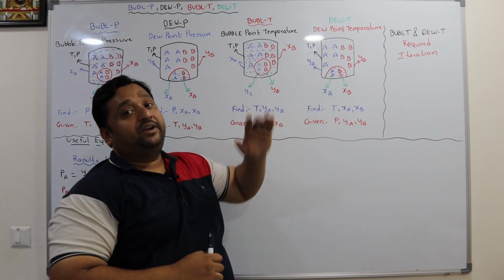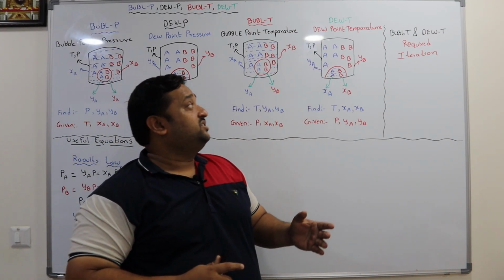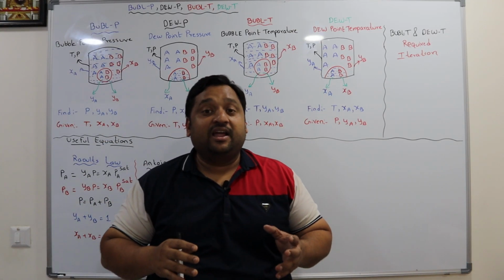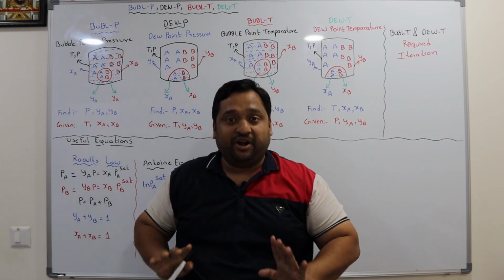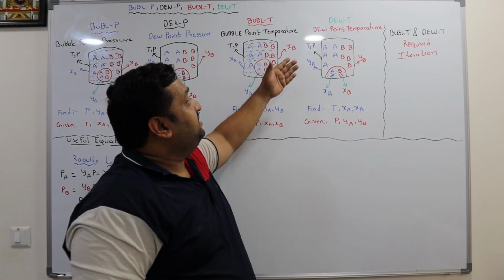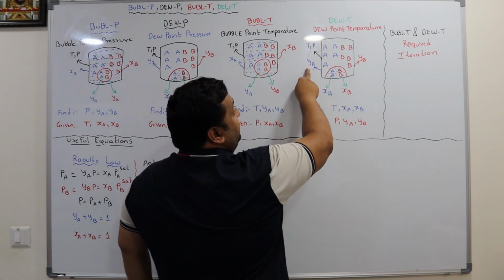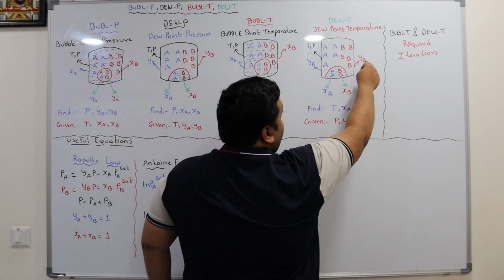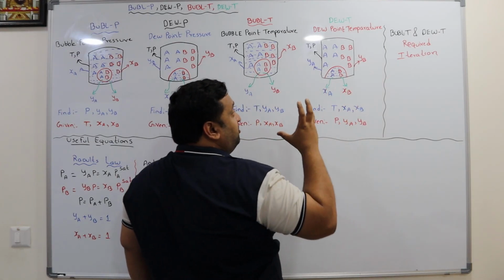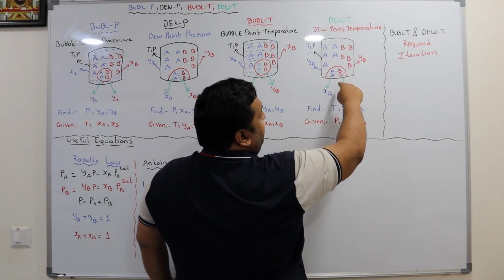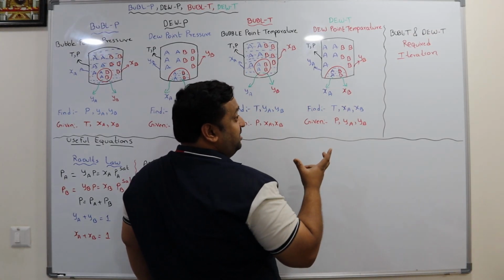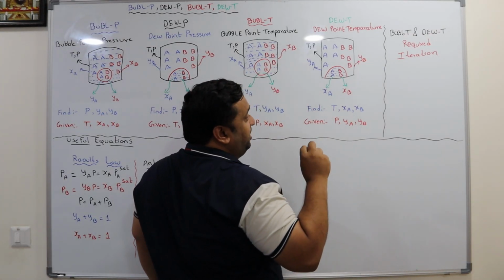So next is dew point temperature. That means you have to find out the temperature at which the first droplet is going to form. Initially there will be a vapor consisting of YA, the fraction of A in the vapor, and the fraction of B in the vapor. So you have to find out at what temperature the first droplet is going to form.